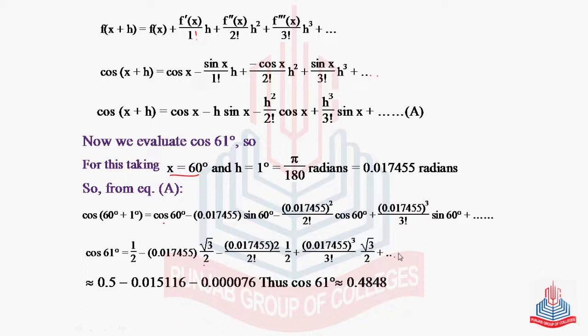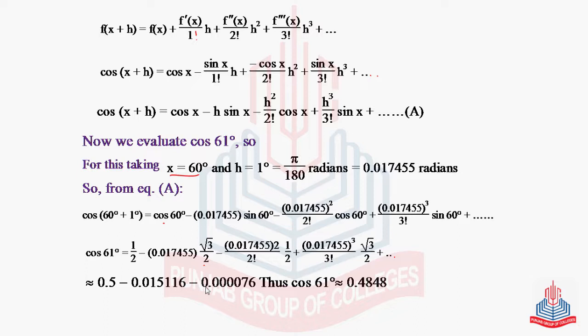And the approximate value of the right hand side will become 1 by 2, which is 0.5, and multiplying the square root 3 by 2, which is actually 0.866, by this one will become 0.015116.